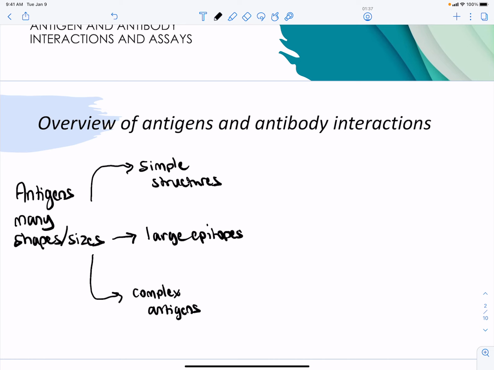So a simple structure is in essence going to just fit in a pocket. And we have the larger structures that are going to fit into an antibody groove.